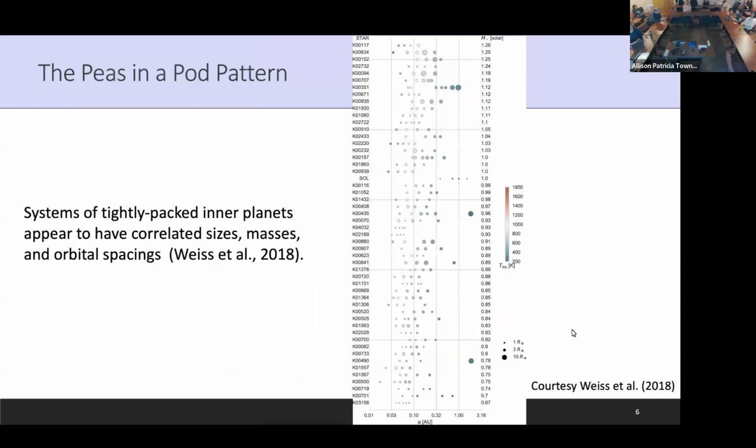In 2018, if we look at the TESS and Kepler planets, there seems to be some pattern in them. These systems of tightly packed inner planets appear to have correlated size, mass, as well as orbital spacings. So until today, there are still a lot of unsolved mysteries.